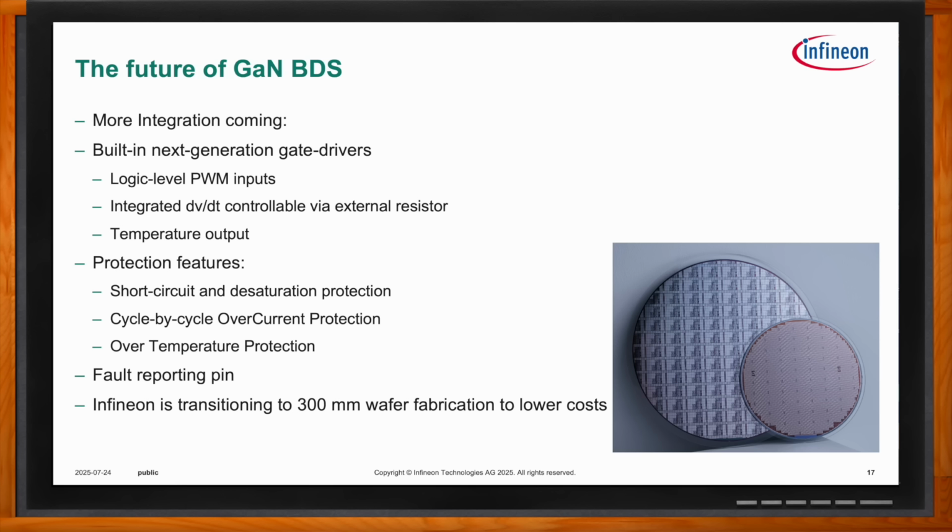We aren't relying on others' factories that may choose to make them or not for us. This is one of the big advantages we have as Infineon: we own our fabs, and we can drive down the cost by going to these 300 millimeter wafers. That's the future, and I think we should talk again about the low voltage BDS and see where that takes us next.